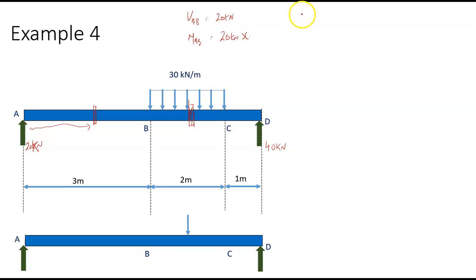If we pick a point somewhere between B and C, the shear force between B and C is going to be 20 kilonewtons minus the force in here.